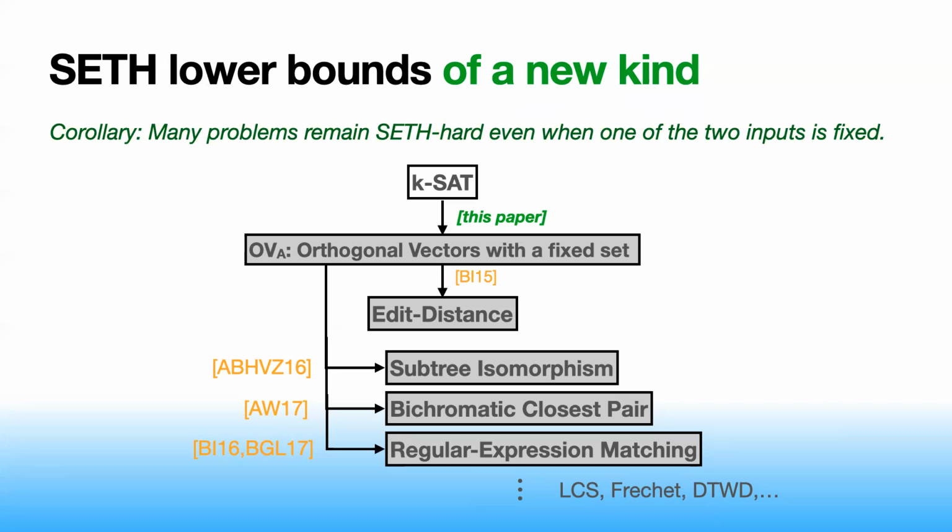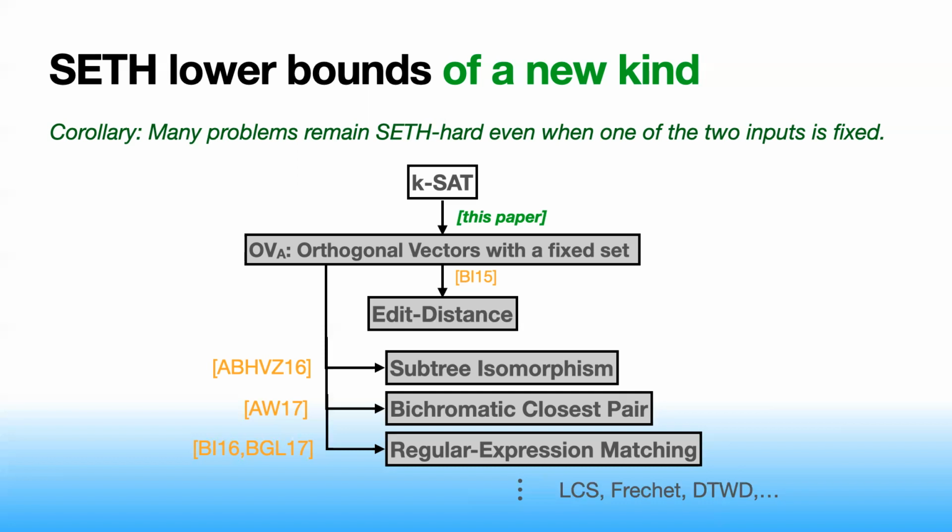And essentially, any reduction from OV now implies a stronger hardness result. For some problems like edit distance and the ones I'm listing here, it's possible to explain what this stronger result is. But for others, like for computing the diameter of a graph, the consequence is less natural. So we can now say that the diameter is hard to compute even when half of the graph that we're interested in is fixed.